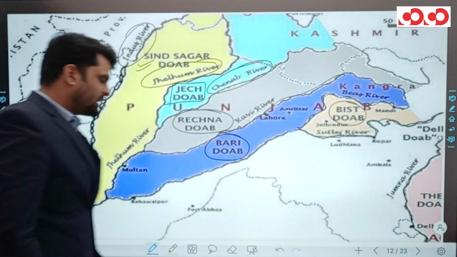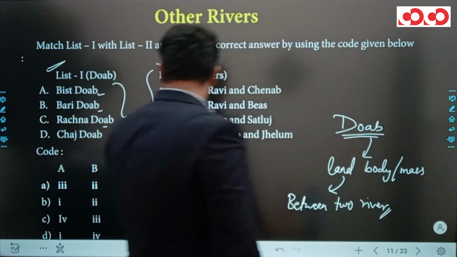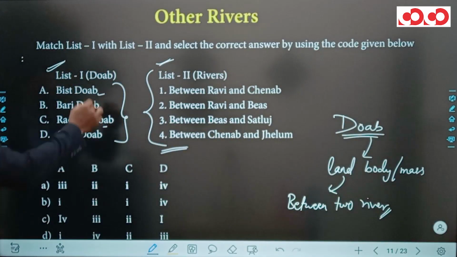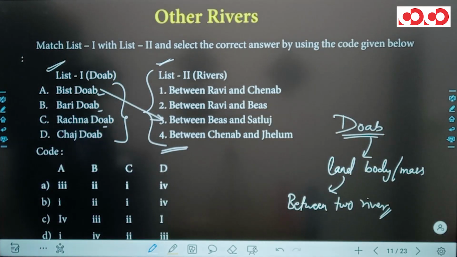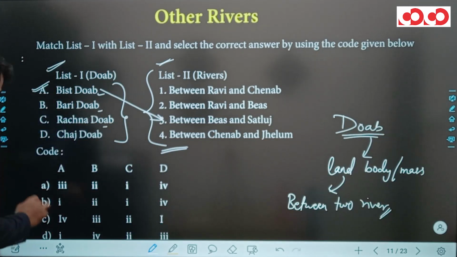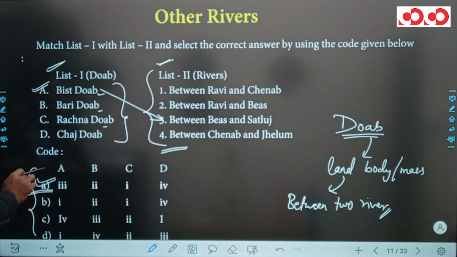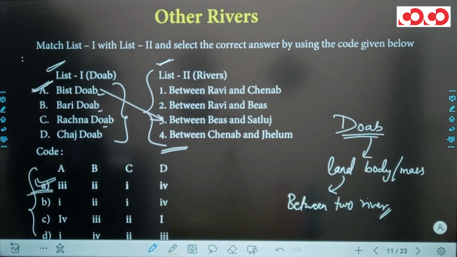Clear? So let's have a look at the question again. Here, Bist Doab, I have told you, is between Beas and Satluj. So A goes with 3, and here is the right answer. You can choose the right option by just looking at Bist Doab. Clear?